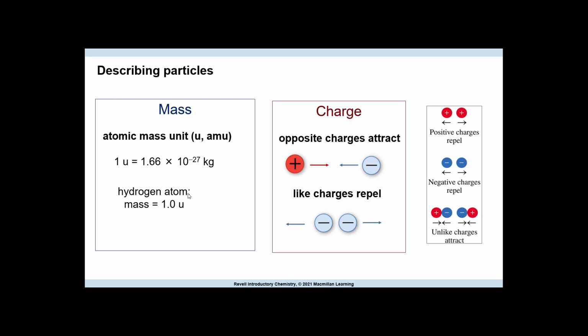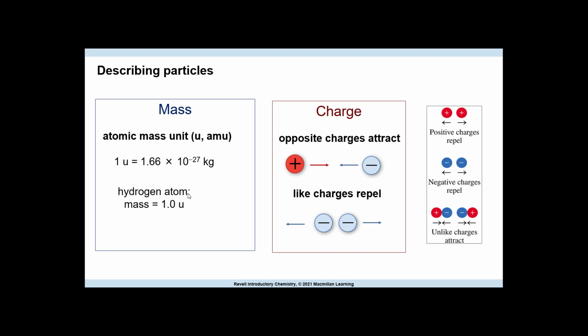When we look at atoms and subatomic particles, we look at two key things: their mass and their charge. Let me jump back. I'll go into the mass for a minute. Your periodic table, most of them show the mass of that element and the atomic number, which is the protons.